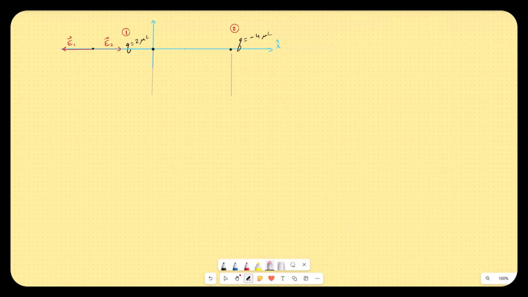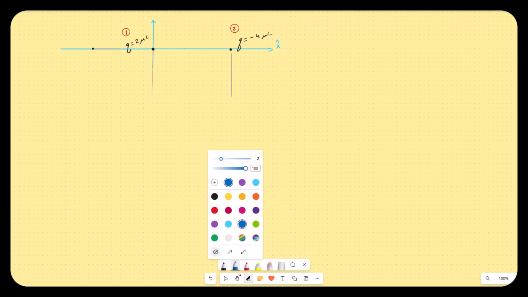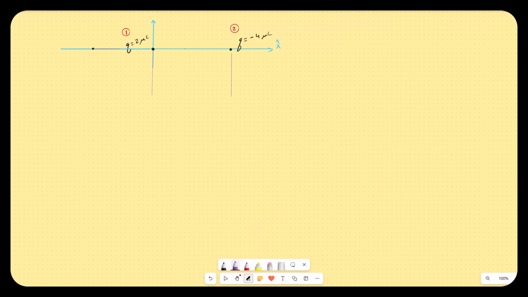So I'm looking over in region 1. In region 1, I've got my location marked, and I'm going to say that the distance from my location to charge 1, I'm going to call that distance x.